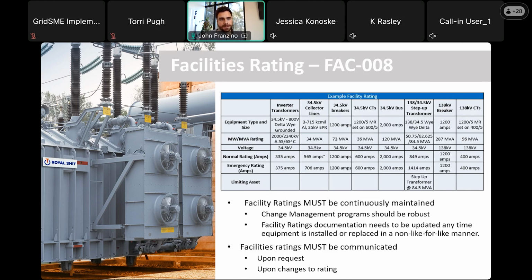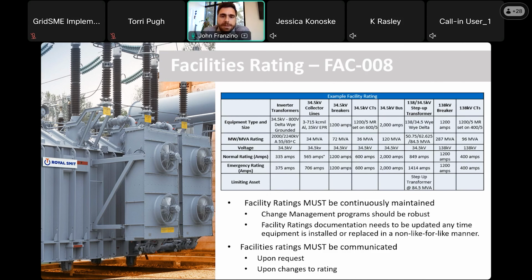One thing to note is that this needs to be maintained throughout the life cycle of a project. So essentially it's the same thing with all of these requirements and standards, but as maintenance or replacements occur at a facility over its life cycle, it is an easy thing to potentially forget about and miss if you do not replace a piece of current carrying equipment with an exact like for like piece of equipment, and it has different voltage or amperage ratings.